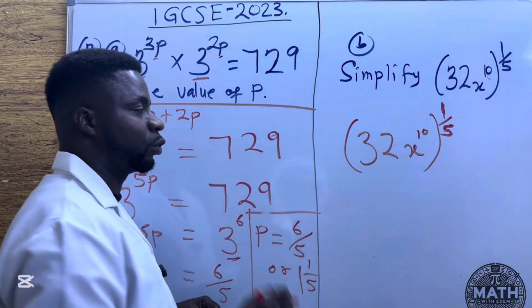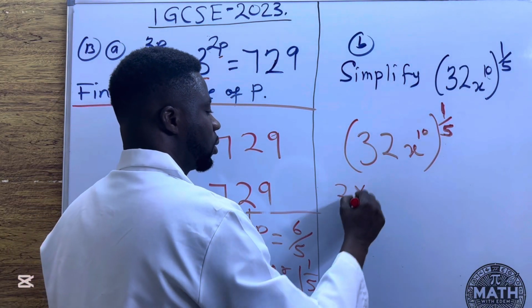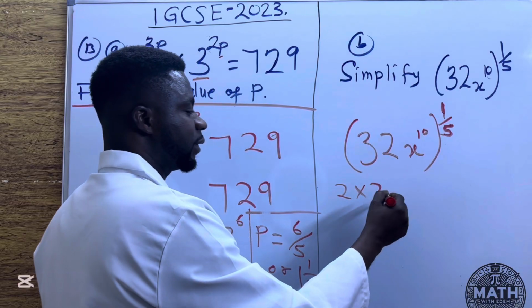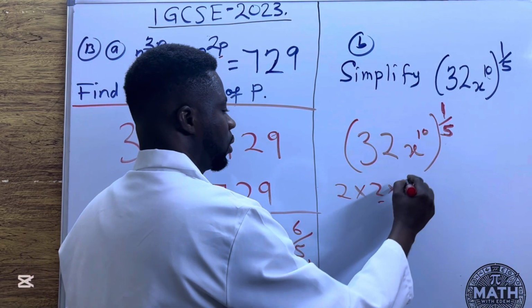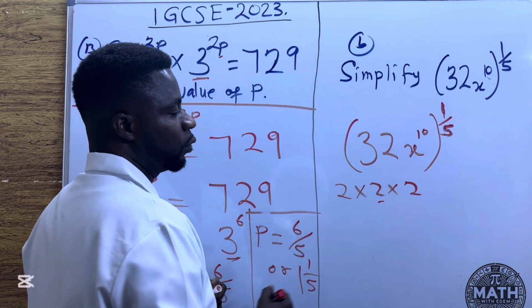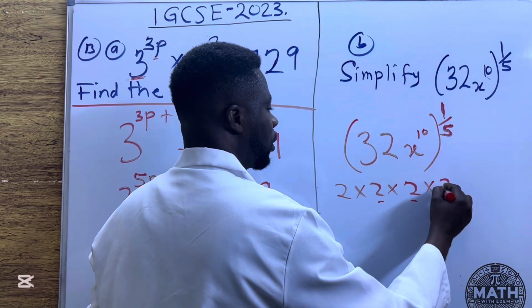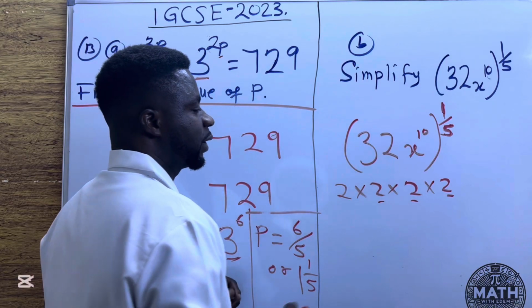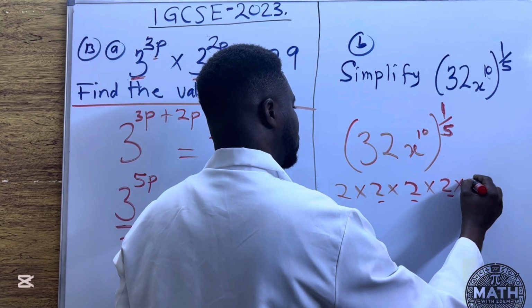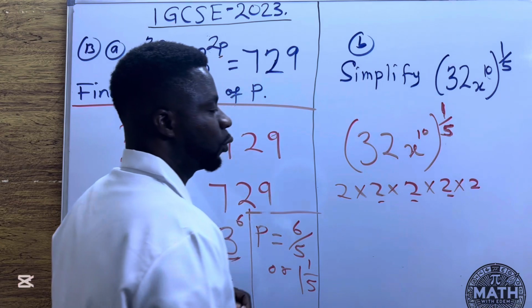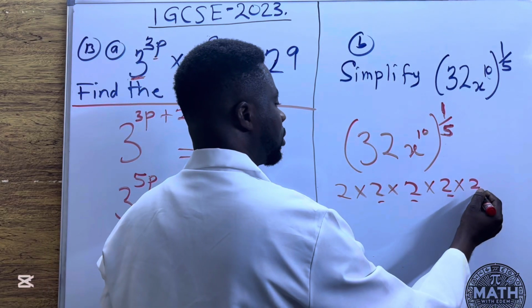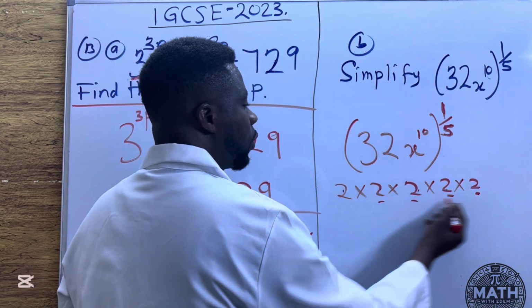So let's try 2. So 2 times 2 gives us 4. 4 times 2 gives us 8. Times 2, 16. Times 2, 32. So we can use 2.